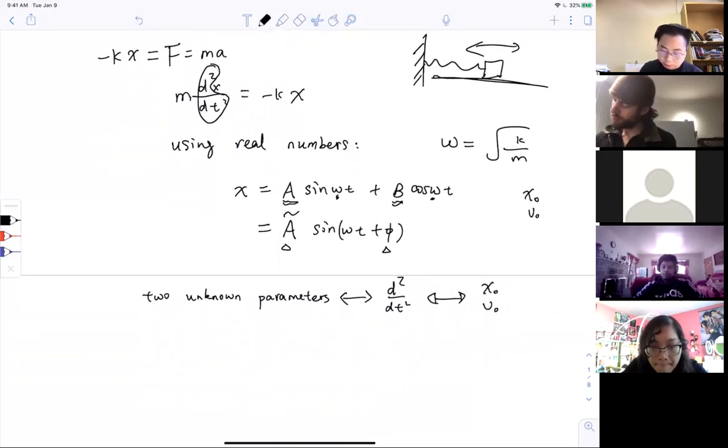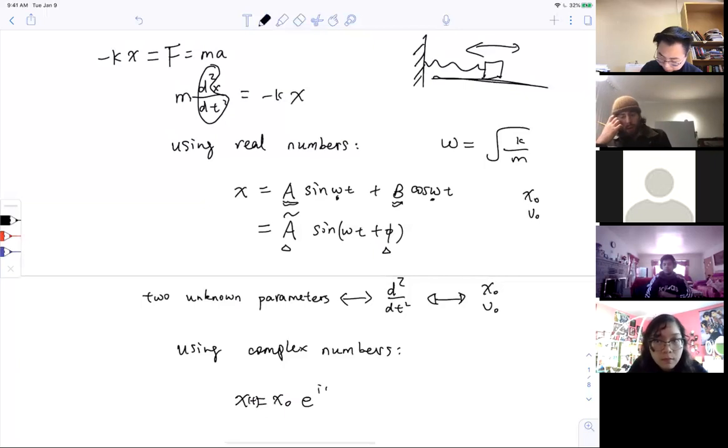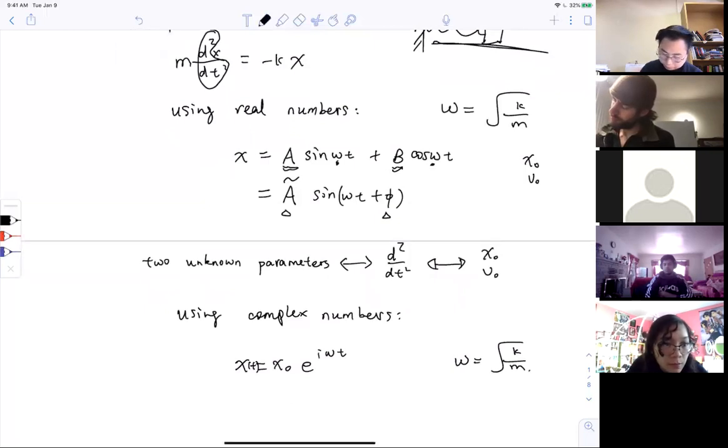Of course, we can also solve this using complex numbers. For example, we can assume the solution x is in this form, and omega similarly is a frequency determined by this.